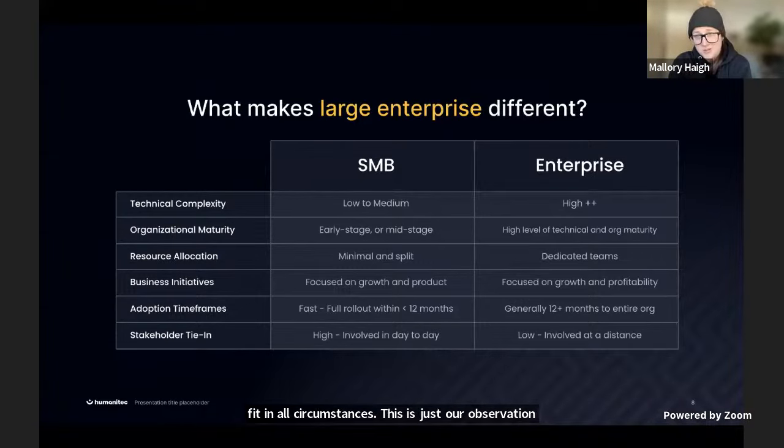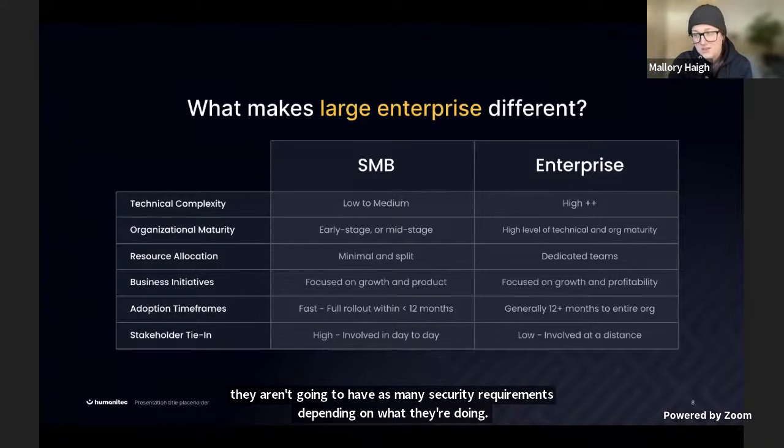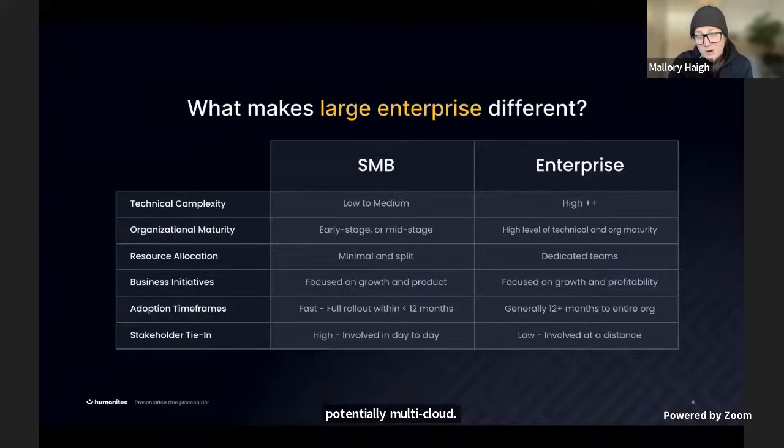So we see on the technical complexity side that your SMBs are low to medium. This is generally because their requirements are much smaller, and they aren't going to have as many security requirements depending on what they're doing. They're not going to be as in-depth in terms of potentially multi-cloud or other requirements that pop up. Enterprises, on the other hand, extremely high.